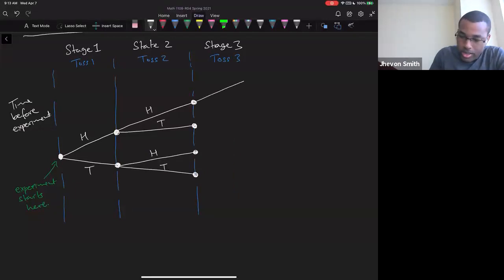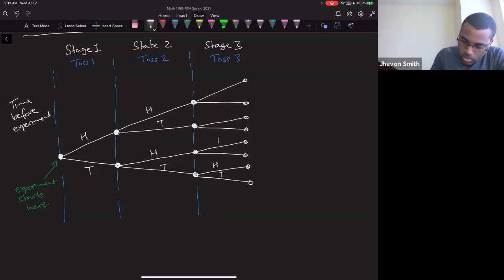I can go heads or tails. You'll notice here that there end up being, let's be consistent here, 8 possible ways the experiment can end.